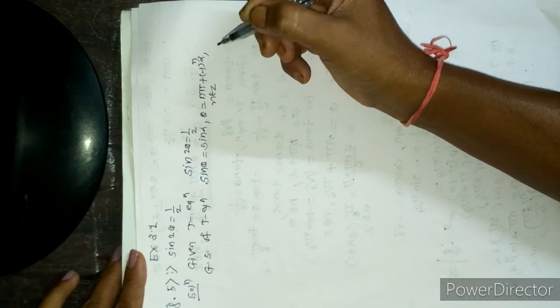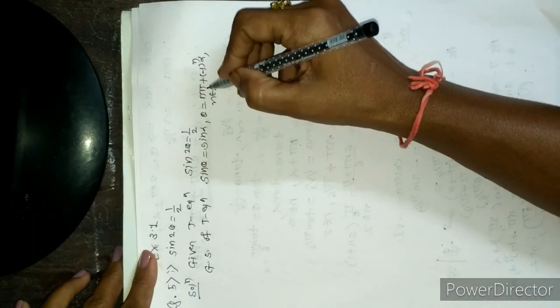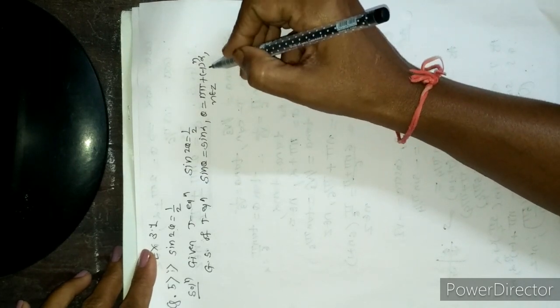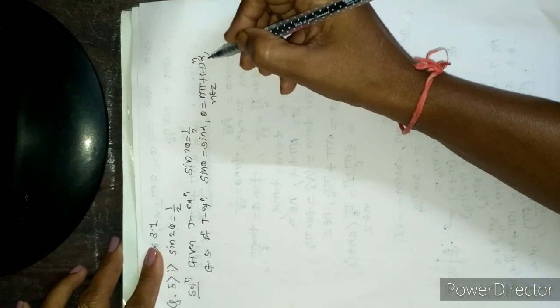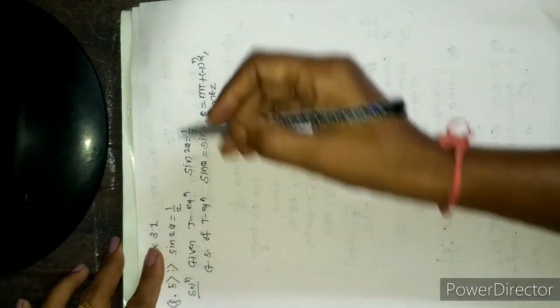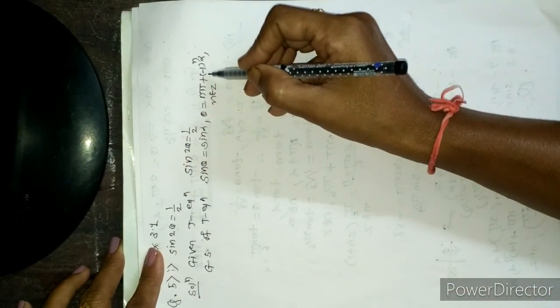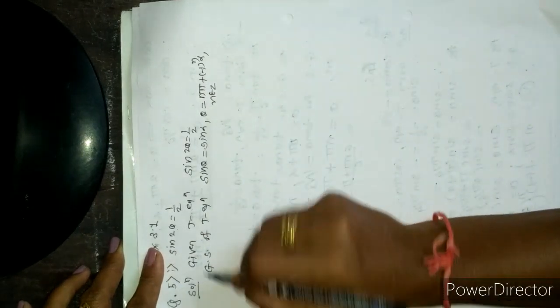Means in the first and second quadrant. So for this case we take 1 pi, 2 pi, 3 pi. But for an even multiple we add alpha, and for an odd multiple we subtract alpha. And therefore, addressing the first and second quadrant, we find its general solution.